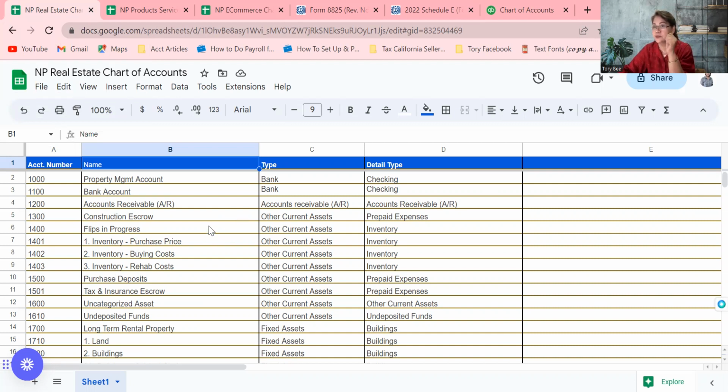So whatever, when you are creating your chart of accounts, don't be afraid to make mistakes. Not even in the chart of accounts, anywhere inside QuickBooks, because QuickBooks is very forgiving.